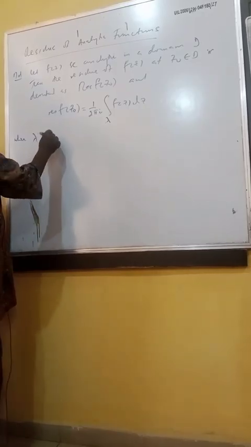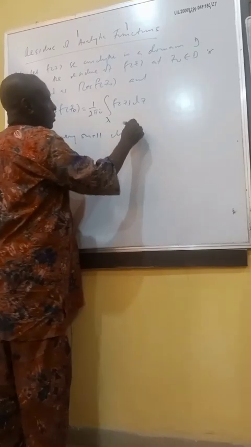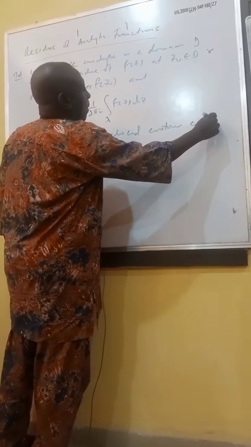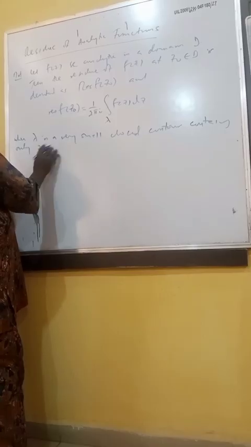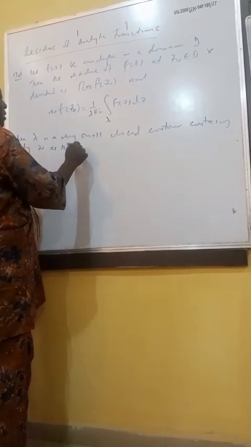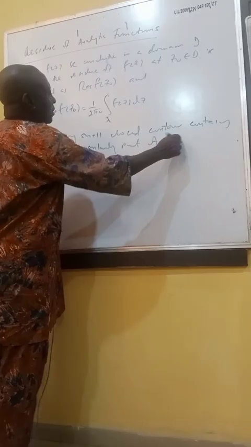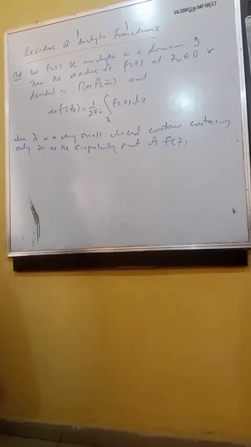lambda is a very small closed contour containing only z naught as the singularity point of f of z.